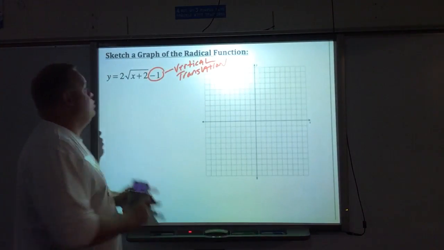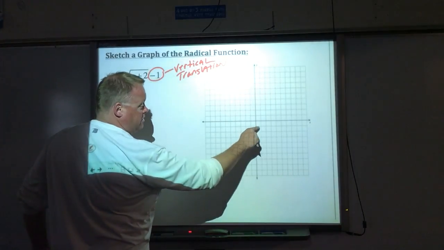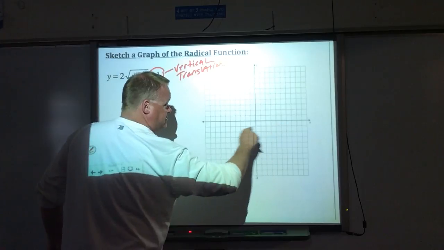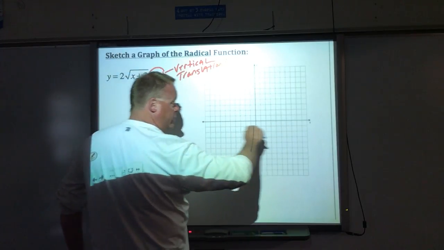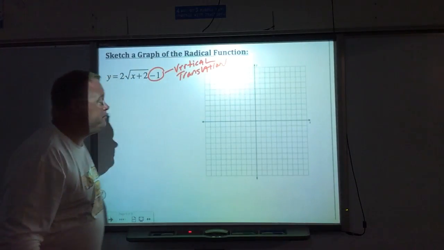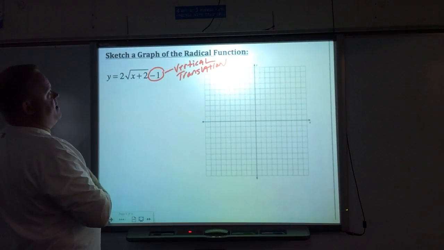In this case, it's down 1. So I know that I'm going to start at y equals -1. But I also want to find my starting point of the graph.